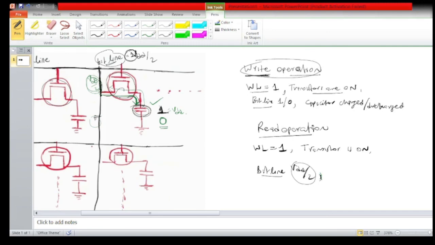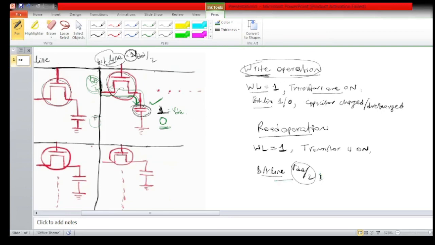That will be read by the sensing amplifier, and we can say the decreasing trend in this bit line means the capacitor is not fully charged, and correspondingly the state is 0.